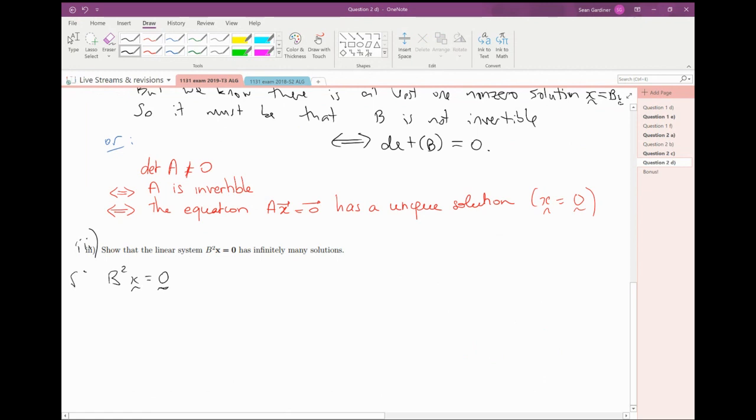So since this is a linear system, we know for a fact that there are 3 possible results. We have 3 options. There can be no solutions, there can be a unique solution, or there can be infinitely many, right?